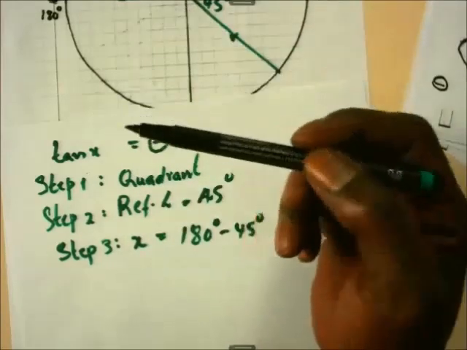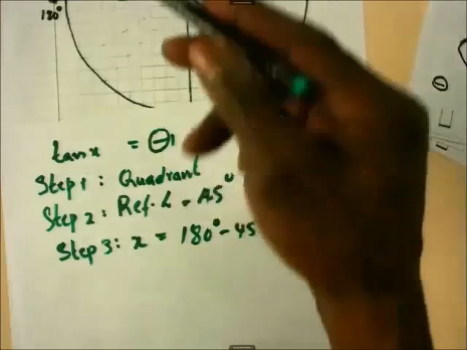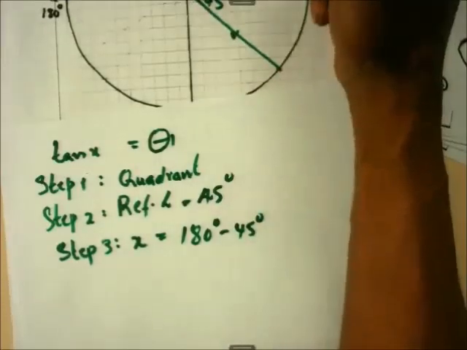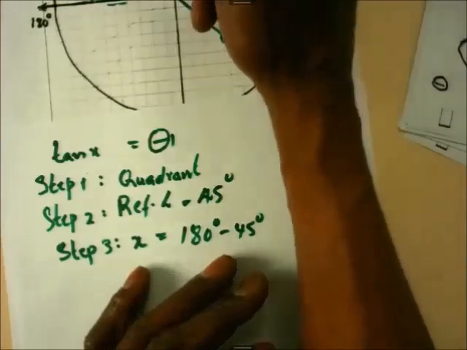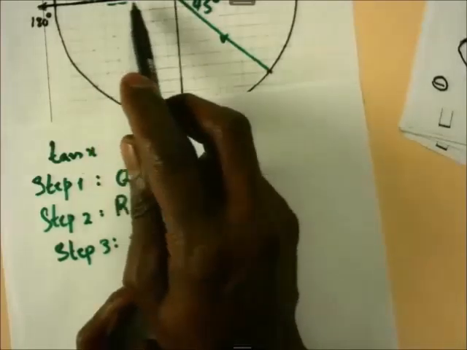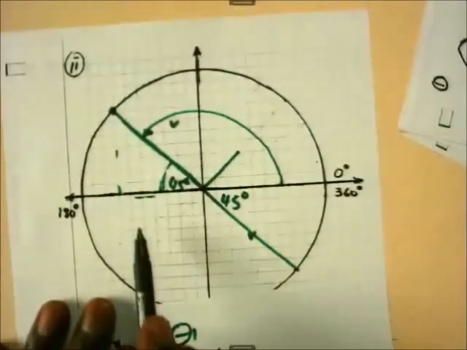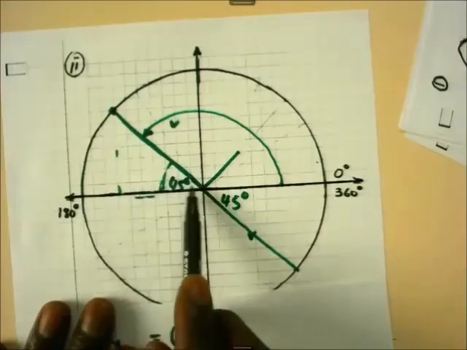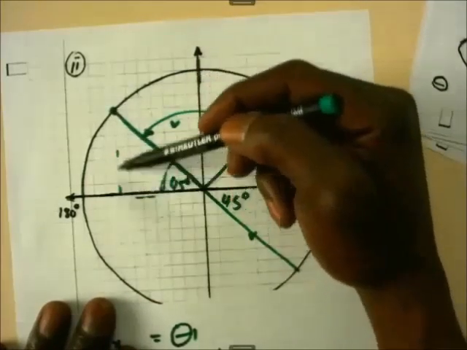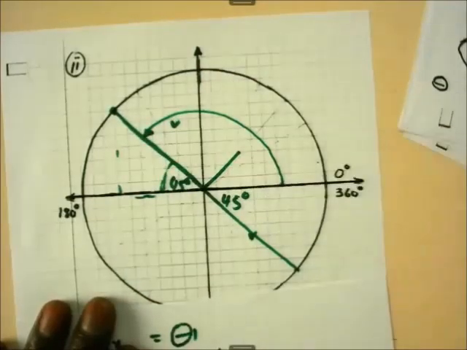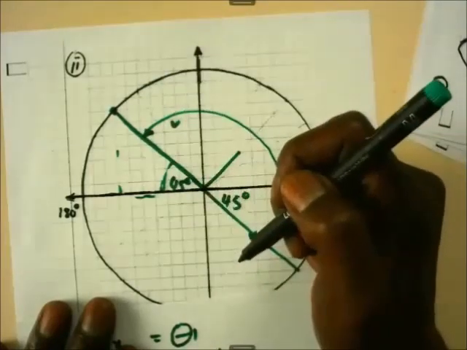Of course, what makes tan to be negative in the second quadrant is because the opposite side corresponds to the y values that are positive, and the adjacent side corresponds to the negative x value. So a positive value divided by a negative value will give you a negative value, which makes tan to be negative in the second quadrant.